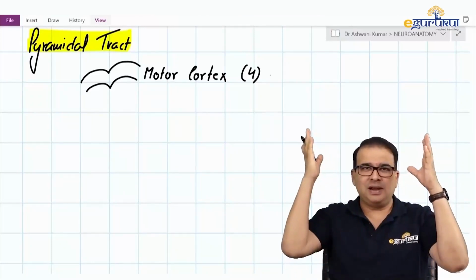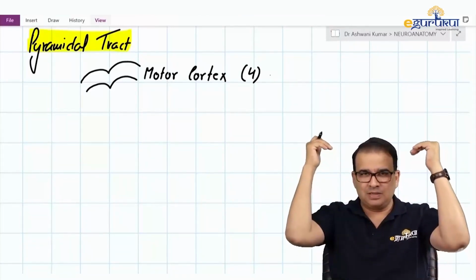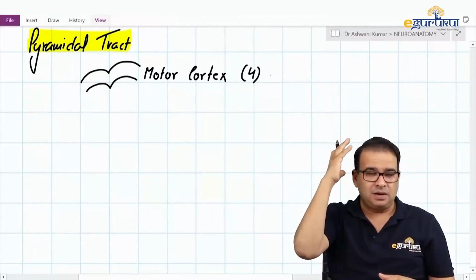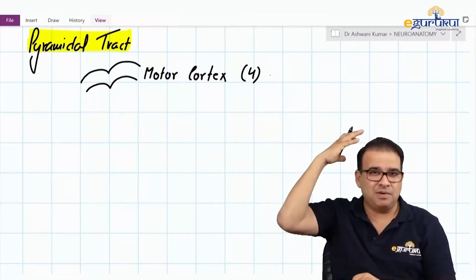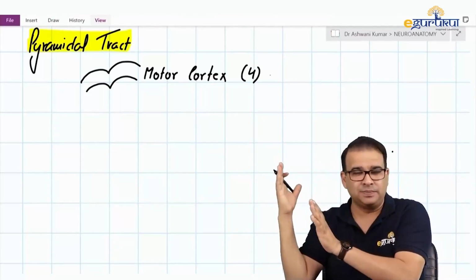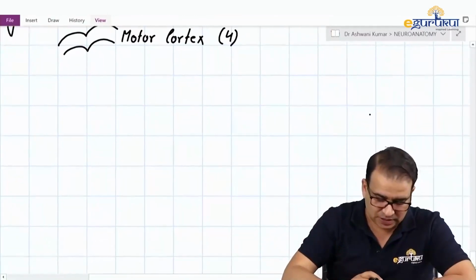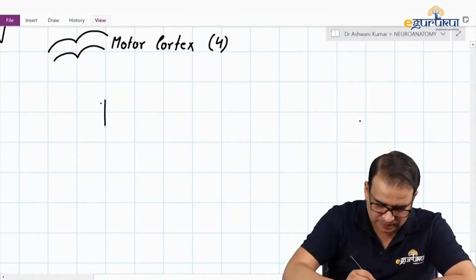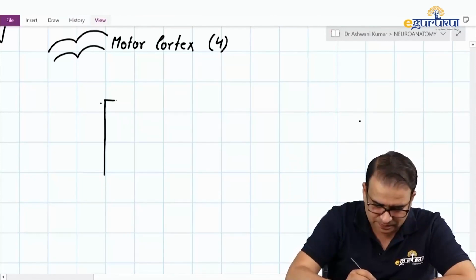I want to take your attention directly to the brainstem. Once these fibers reach the brainstem, they're still on the same side. My right pyramidal tract starting from the right cerebral hemisphere, till the time it reaches the brainstem, is still on the right side only. So guys, let's say this here is the brainstem.